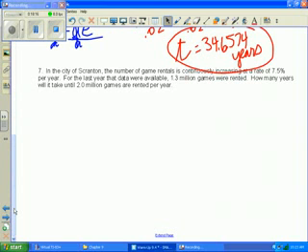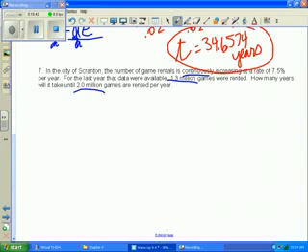In the city of Scranton, the number of game rentals is continuously increasing at a rate of 7.5% per year. For the last year that the data was available, 1.3 million games were rented. So that would be our starting. And what would it take us to get to 2 million? So what model am I going to use if it's continuously increasing?